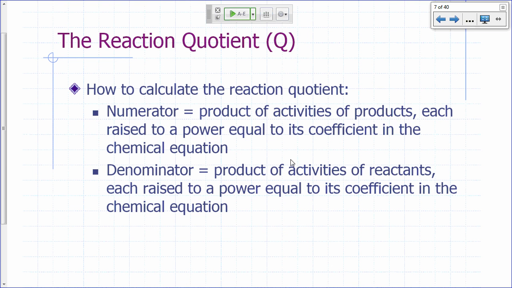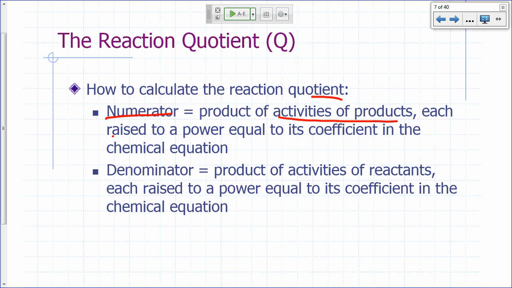Okay. So how do you calculate the reaction quotient? This is the procedure for calculating the reaction quotient. Well, it's a quotient, so it's a fraction, right? There's a numerator and a denominator. The numerator is calculated by multiplying the activities of the products of the reaction, what you wrote as the products when you wrote the chemical equation.